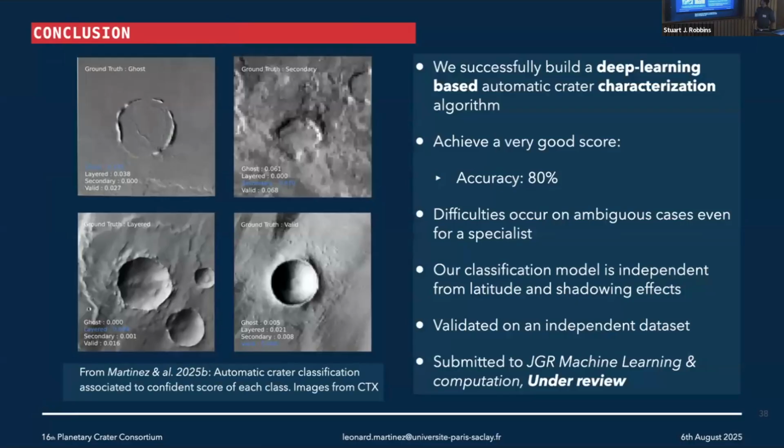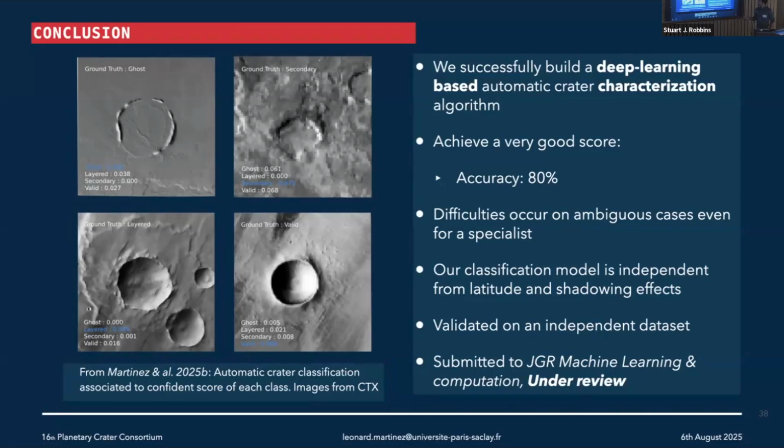In conclusion, I would say that we successfully built an algorithm which is able to characterize the craters with respect to their geomorphological categories, with an accuracy which is good for science, I would say.